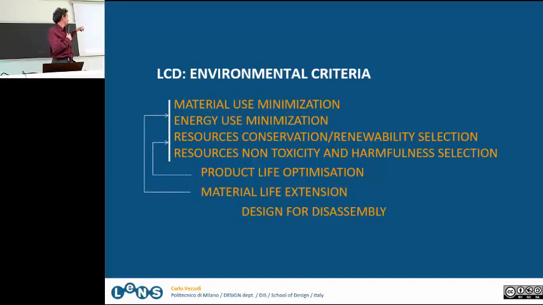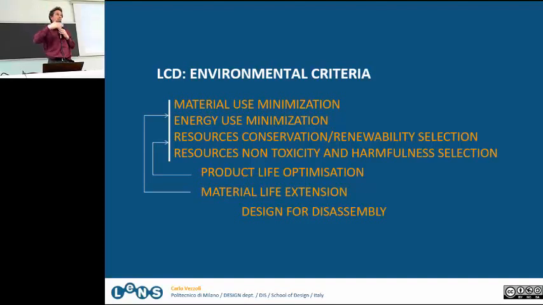Actually, there is no time to say, but when you design product life optimization and material life extension, you go back to the other four criteria in a sense, because if you design for extending the product life, you are producing less because you need less production.